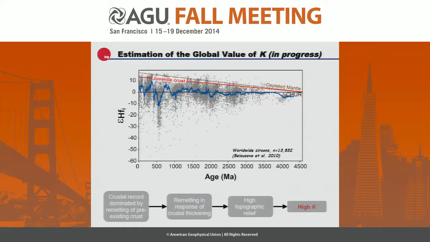So that means that the crustal record on average is dominated by the remelting of pre-existing crust. And we know that remelting occurs usually in areas where the crust is thicker, and thicker crust most probably means high topographic relief, and therefore a high value of K.